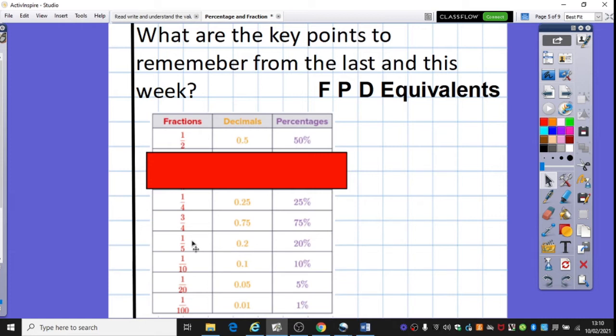So you need to think about what makes sense to you. If it makes sense to convert it to 2/10 and find 2/10 of the number, that's absolutely fine as well. There are some extra equivalents on here, but probably these last two are not going to be ones that you're going to need today, just for reference. And again, you can see here 5%, which is 5 out of 100, is equivalent to 1/20.